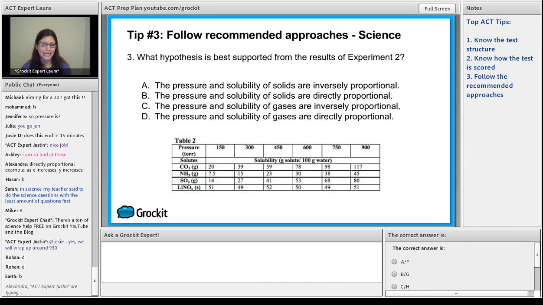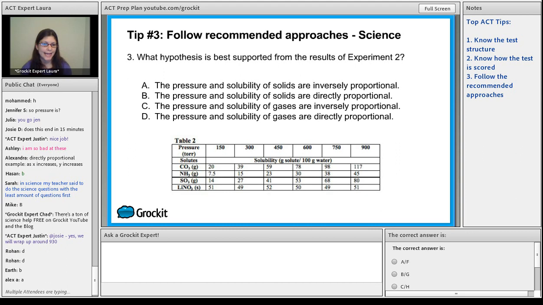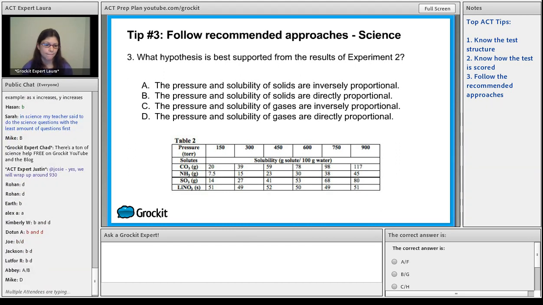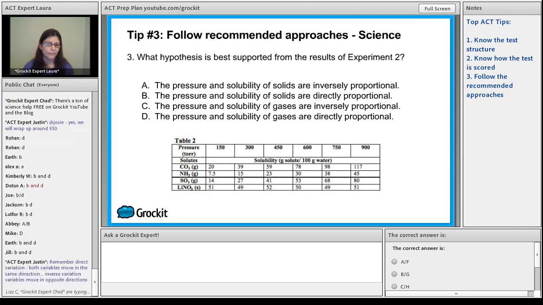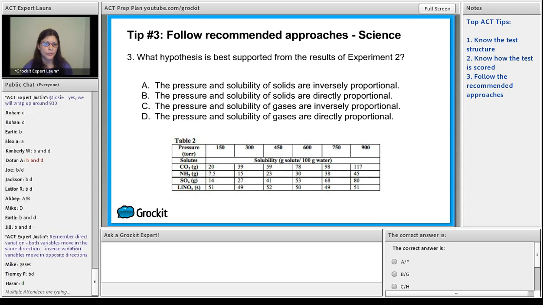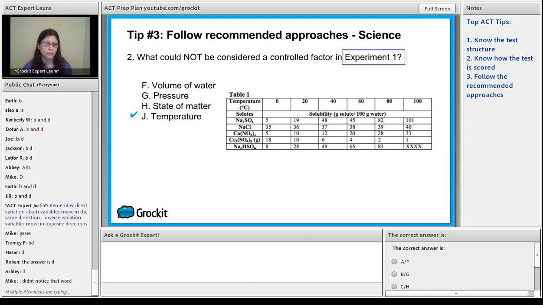Is it A and C or B and D? So it should be B and D because as one goes up, the other one goes up, but let's go back to experiment 2 just to make sure we're working with solids, liquid, or gas. So the solvents were tested in either solid or liquid state.